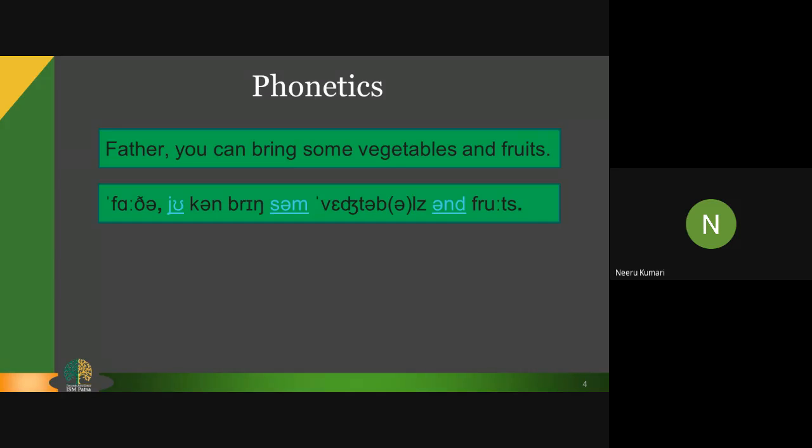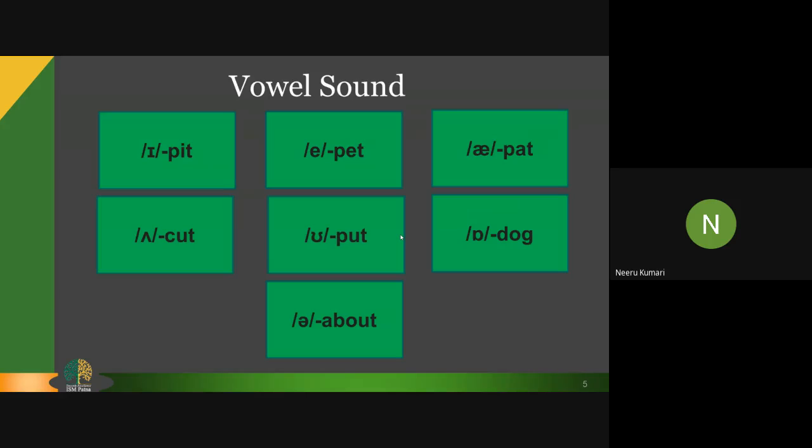Let us start with the pure vowel sounds for today's class. Whenever we talk about vowel sounds, they are divided into three categories. The first is the short sound, the second is the long sound, and the third category is diphthong.